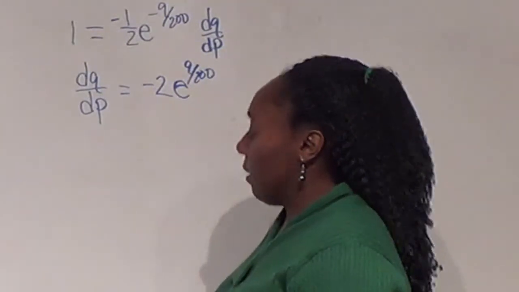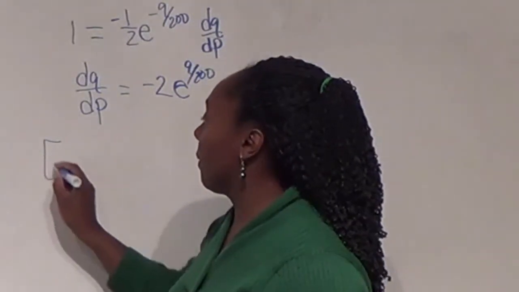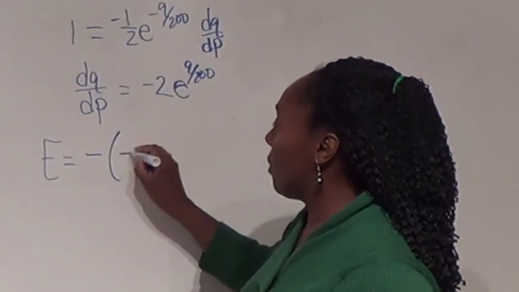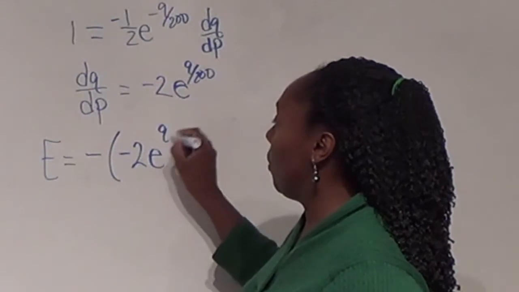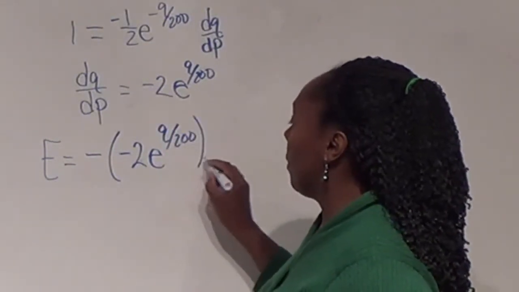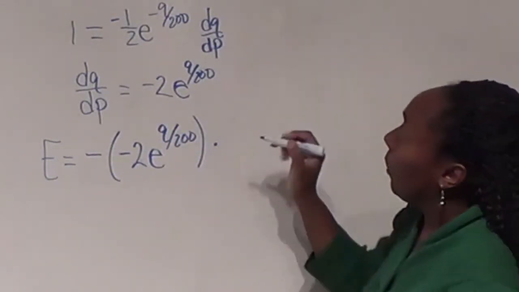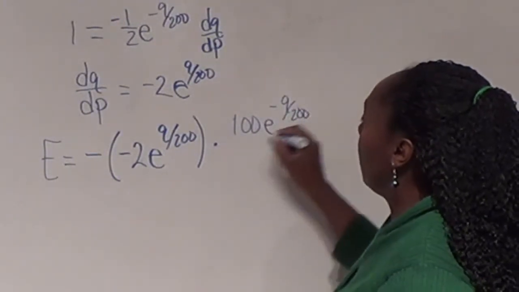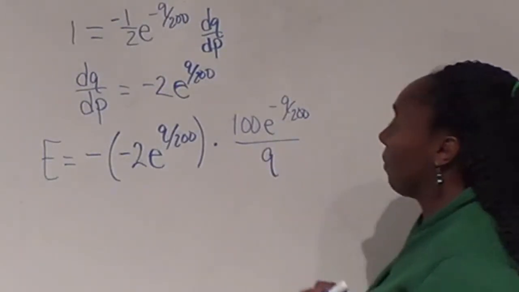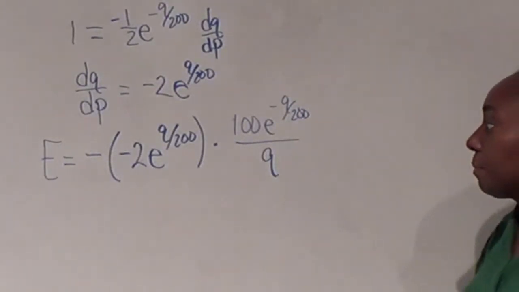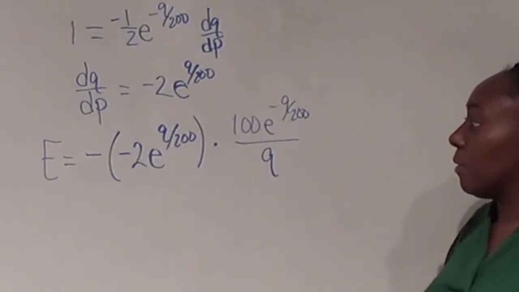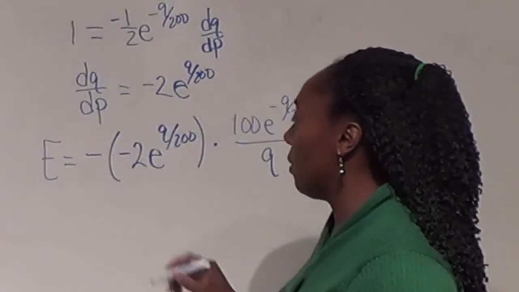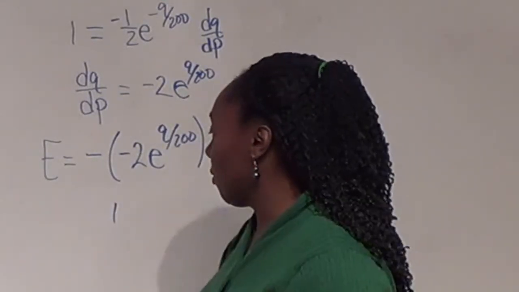Okay, so our E will look like the negative of this expression, negative 2e to the Q over 200, times our P, in this case 100e to the negative Q over 200, over Q. Simplifying, we get a negative of a negative 2 times 100, so that looks like 200.